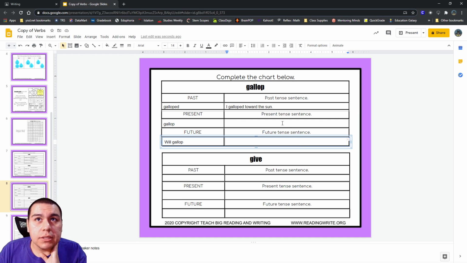Present. Okay, present. So I want to use gallop in a present tense. Let's see. Can you give me your sentence again and we'll see if we can change it a little bit to make it a present tense sentence? The horse galloped when I was on it. Okay.